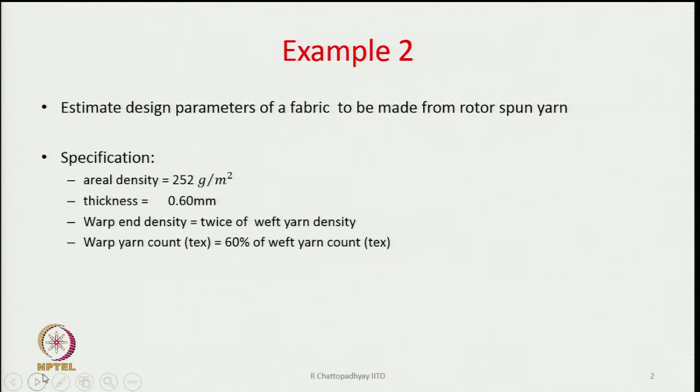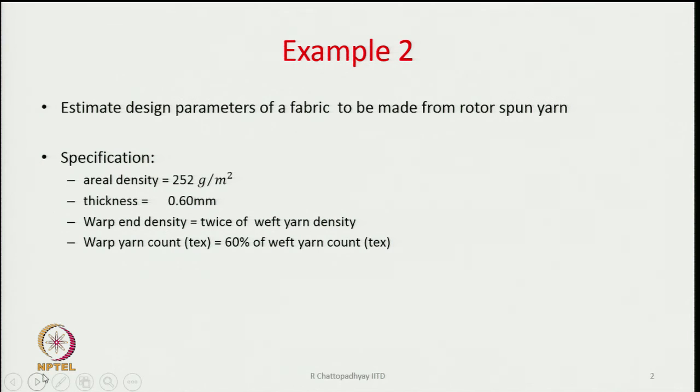The specifications that we have to meet, these are the technical requirements. The aerial density should be 252 gram per meter square. This is the GSM of the fabric. The other thing is thickness. Fabric should have a thickness of 0.6 mm.